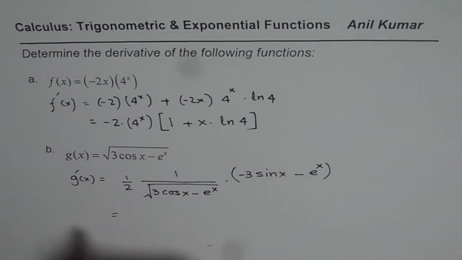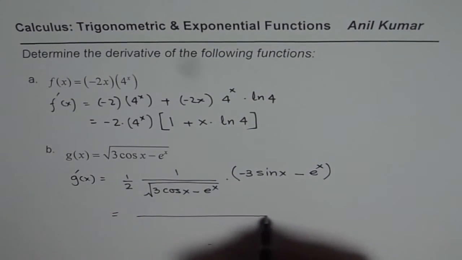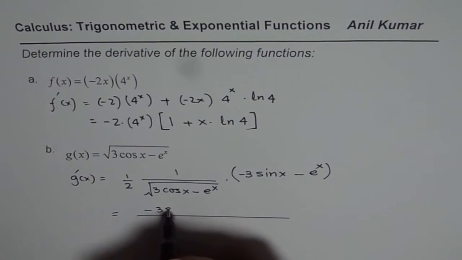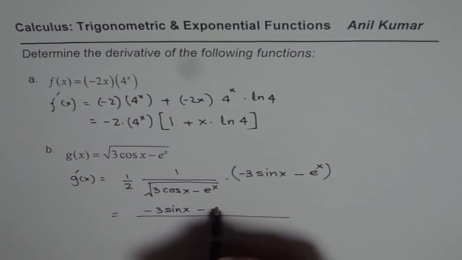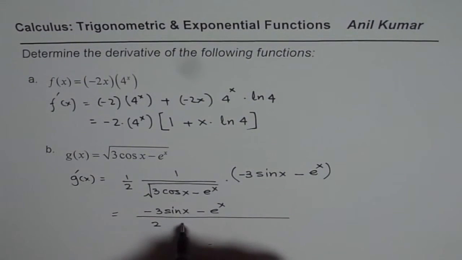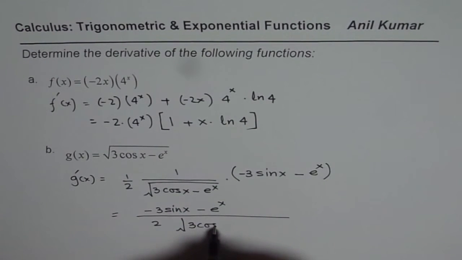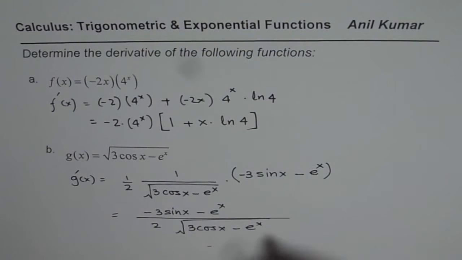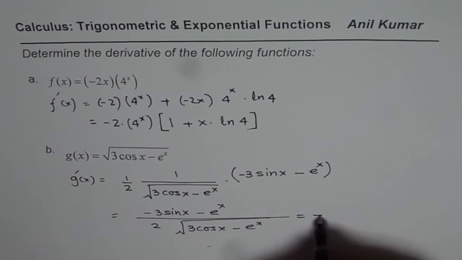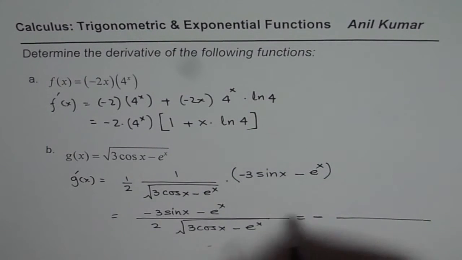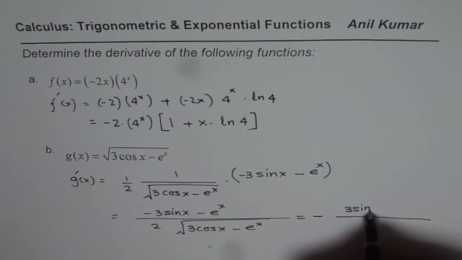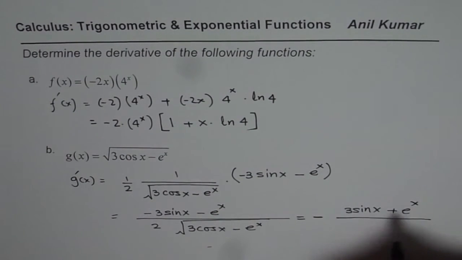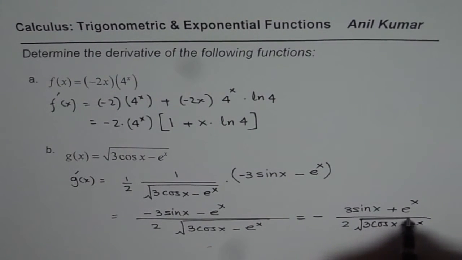We can combine this and write it as (-3 sin x - e^x) over 2 times the square root of (3 cos x - e^x). At times you could also write this with a negative outside, and then write it as (3 sin x + e^x) over 2 times the square root of (3 cos x - e^x).